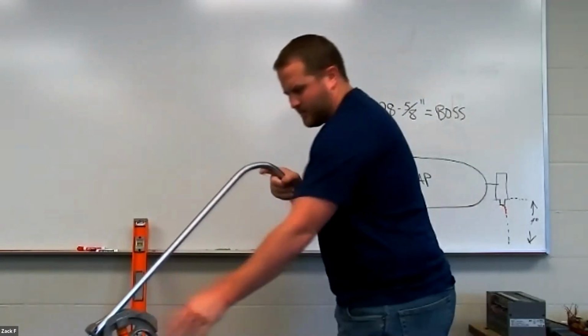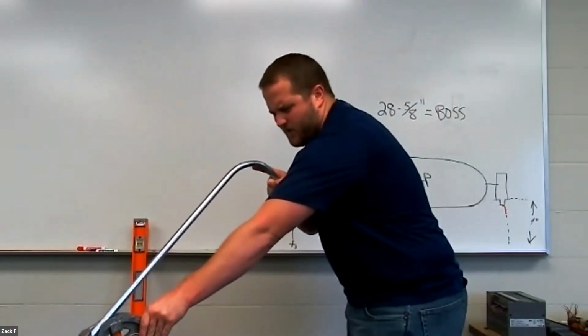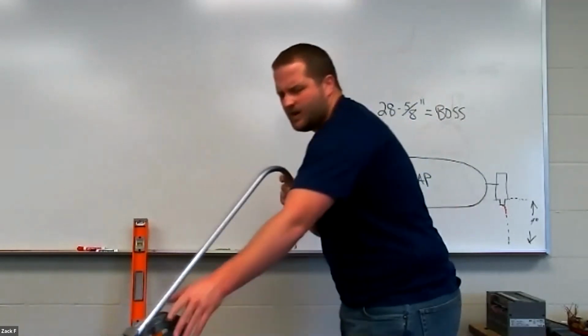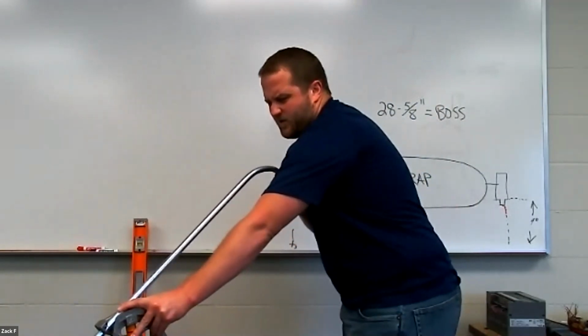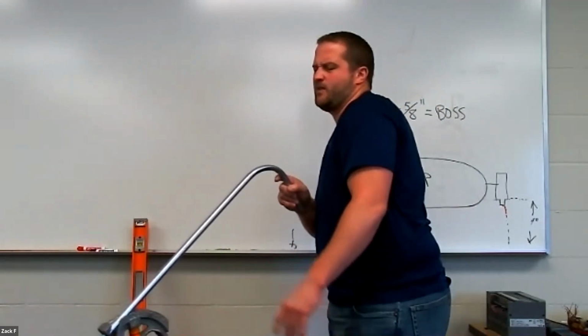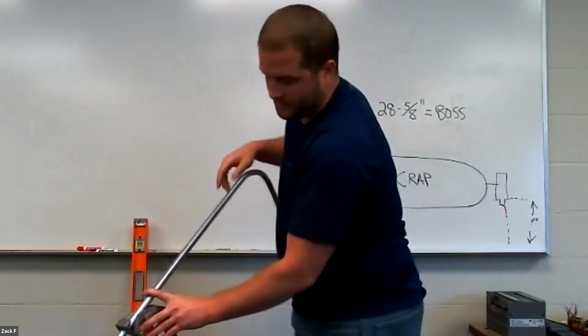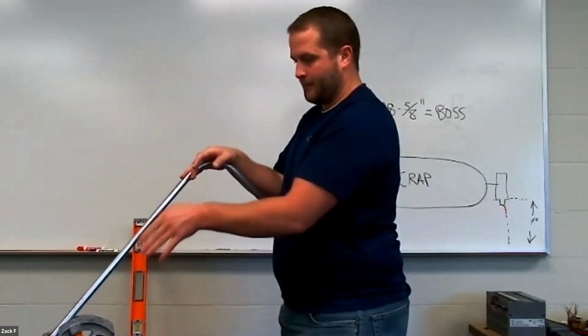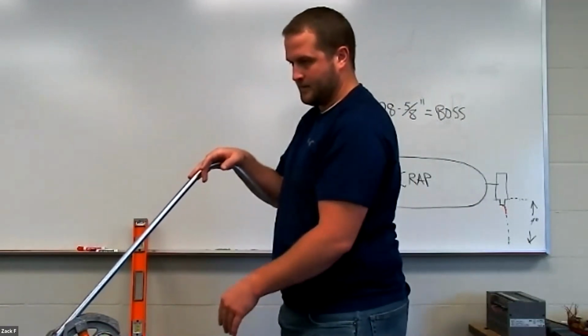Just want to make sure you guys can see me. Eyeball down here. If you don't do this part, you'll end up with what's called a dog. And I'm going to show you what a dog is after I finish. Make sure that I'm bending this the right way.